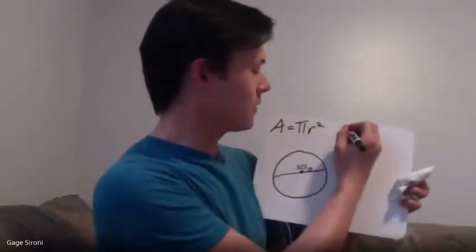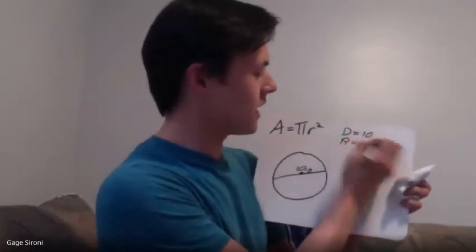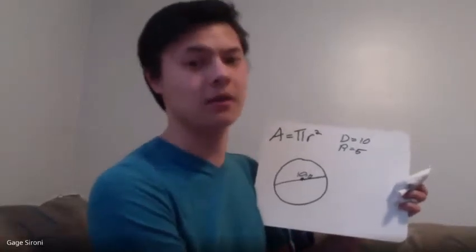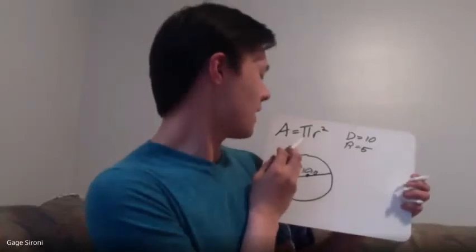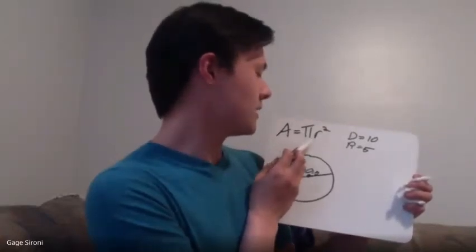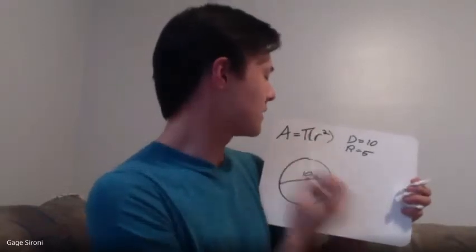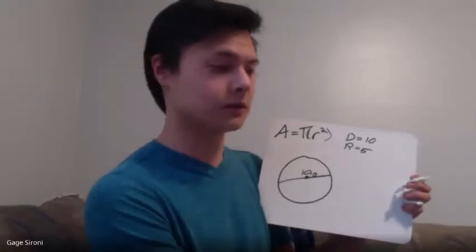So if the diameter equals 10, radius equals 5, I go about it the exact same way. I only take the extra step of cutting my diameter in half. So with area, it is pi, or 3.14, times your radius squared. Think of it as having parentheses right there. Always do your radius squared first.